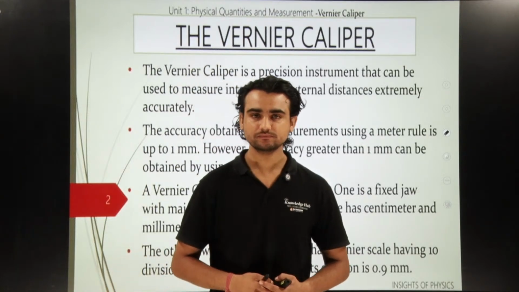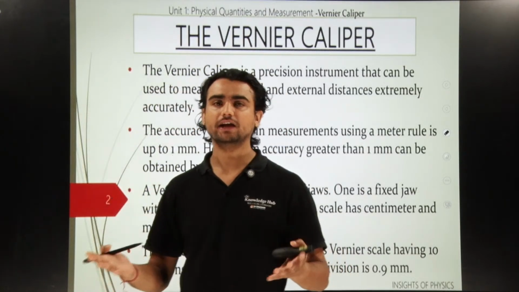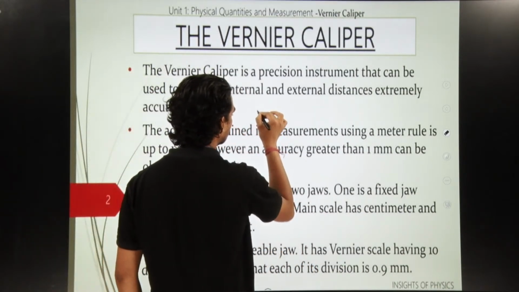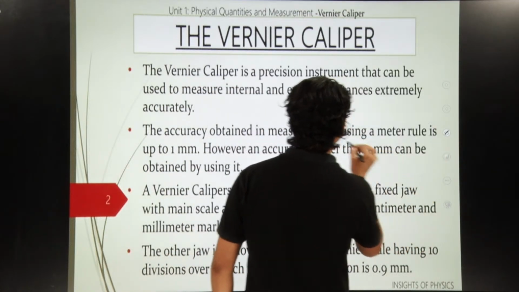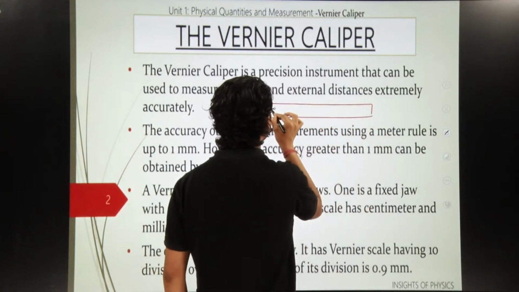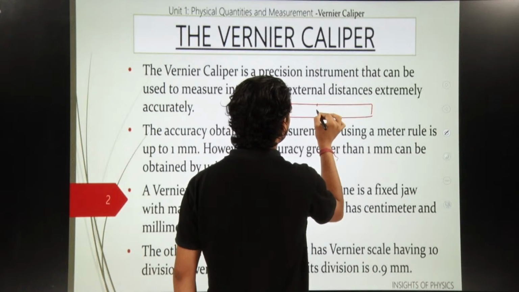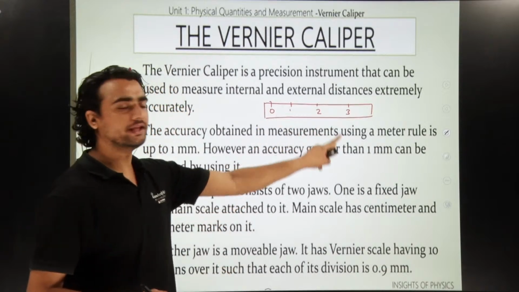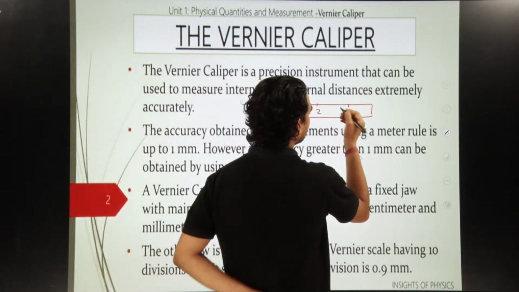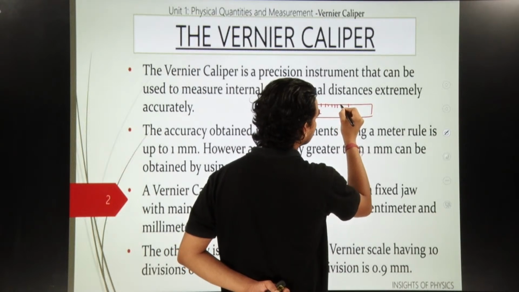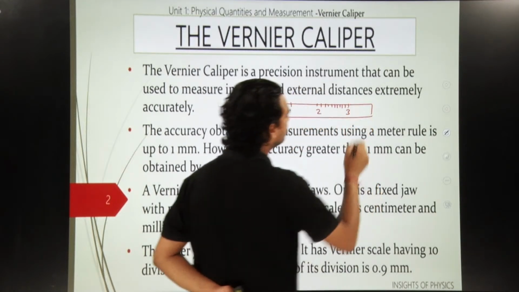What do you mean by that? Let's take an example that I have a 15 centimeter scale. What does a 15 centimeter scale look like? It looks something like this, where I have a scale and there are marks from 0 to 1 to 2, 3 until 15. And if you look between 2 to 3, between any numbers, how many divisions more you have? You have 10 more divisions. So this is 2, 2.1, 2.2, 2.3, 2.4, 2.5, 2.6, 2.7, 2.8, 2.9 and 3.